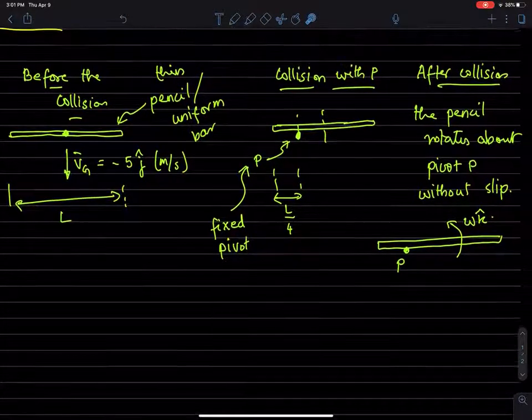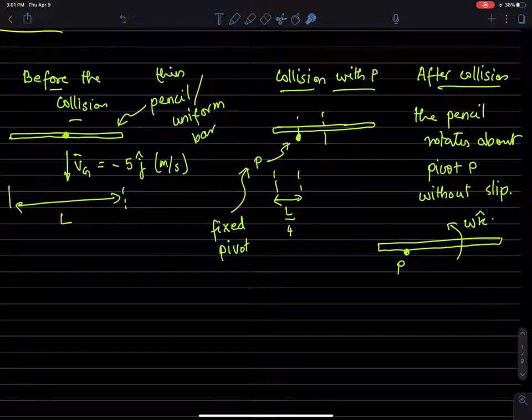Now, of course, you can sort of feel intuitively that if it is falling and hits this point and pivots about this point, it's going to have a clockwise angular velocity or angular momentum. But this is just sign convention. We will eventually find, hopefully, that the resulting angular velocity is actually negative, which will agree with our intuition.